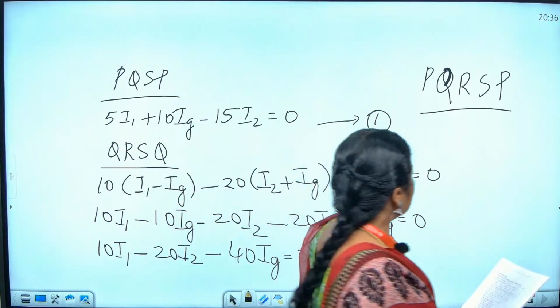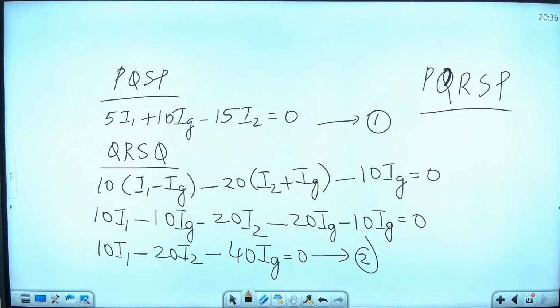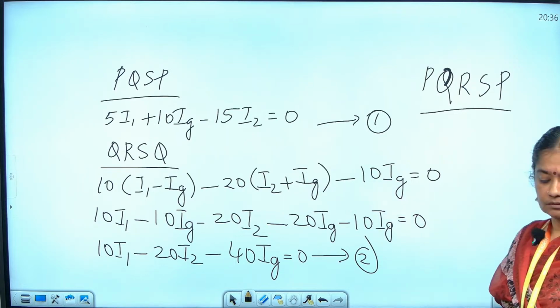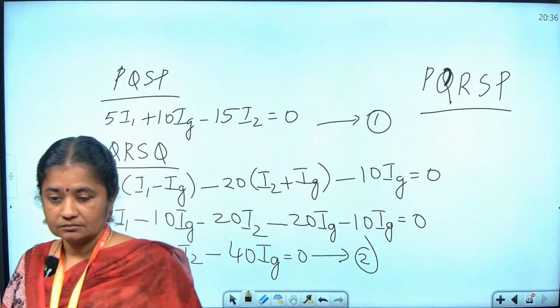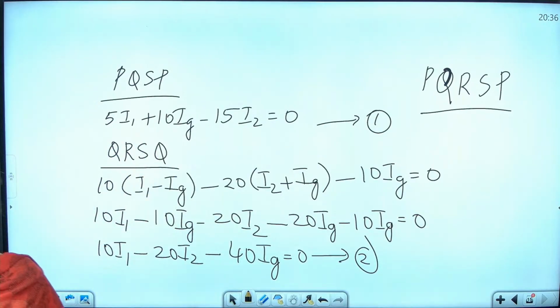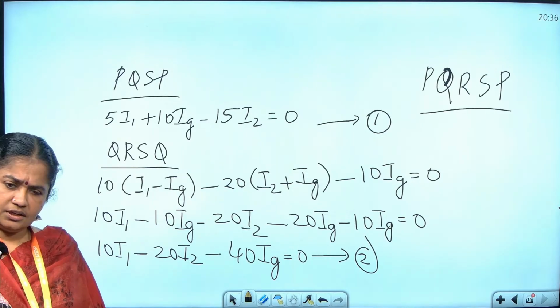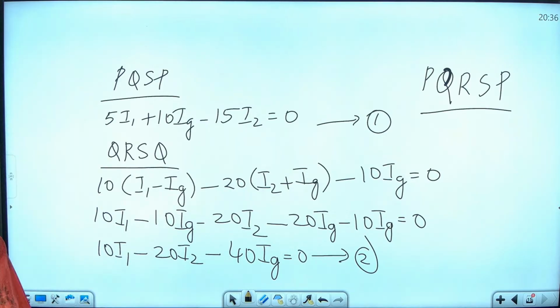Now, can anybody tell me PQRSP? 15 I1 minus 30 IG minus 35 I2 is equal to 0. So 3 unknowns, 3 equations. Solve.